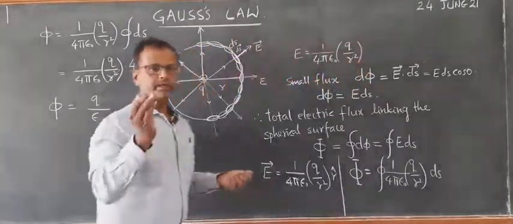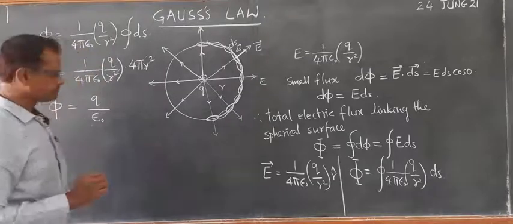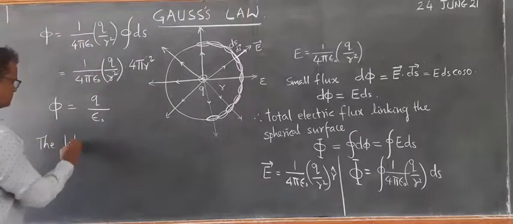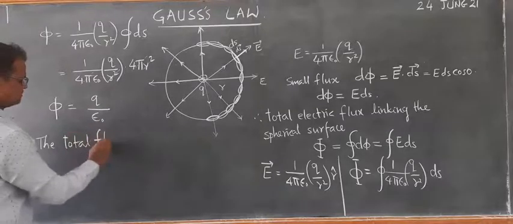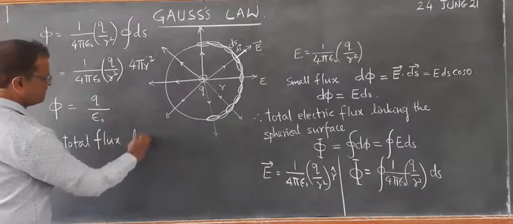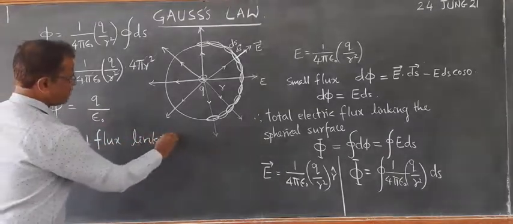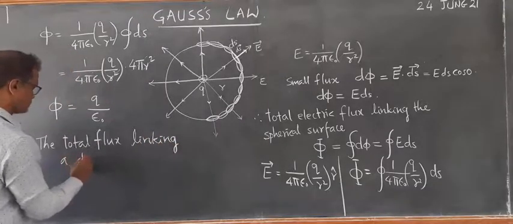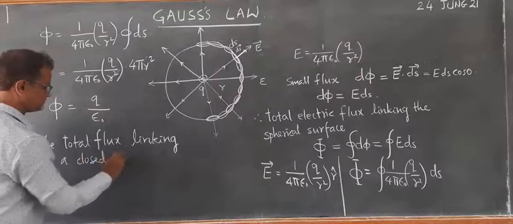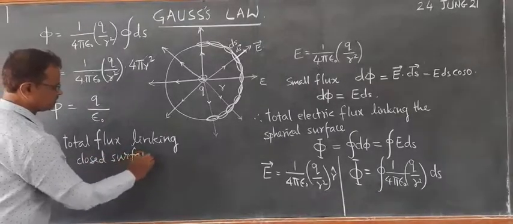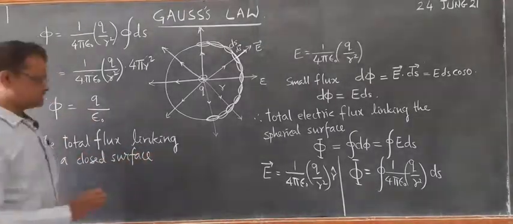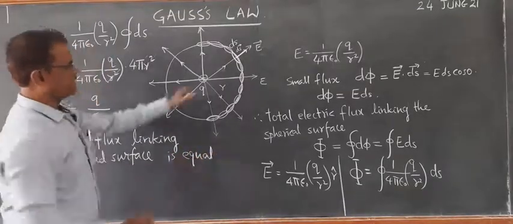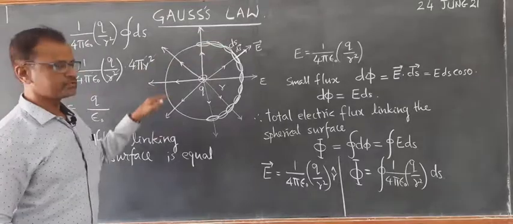This is what is known as Gauss law. So the total flux linking a closed surface is equal to, of course, I have taken the example of a spherical surface.